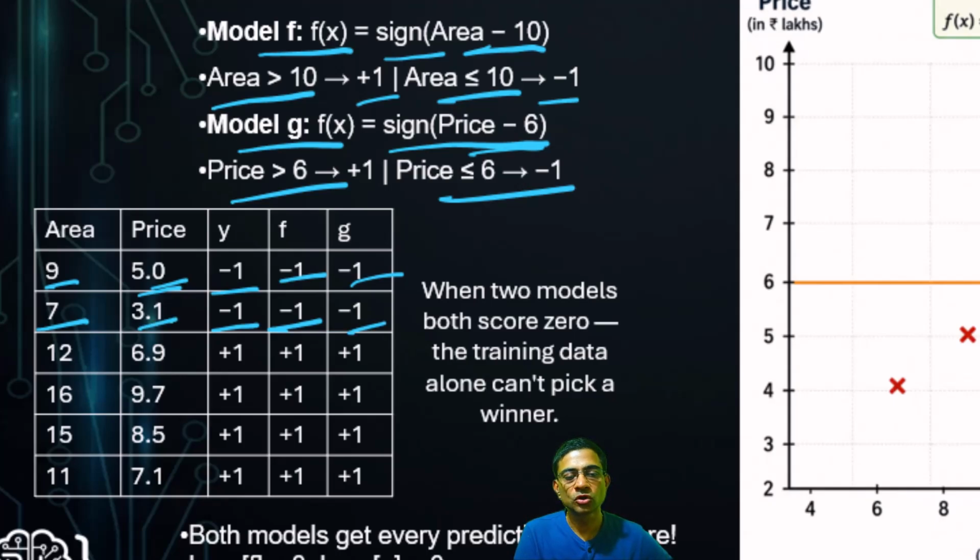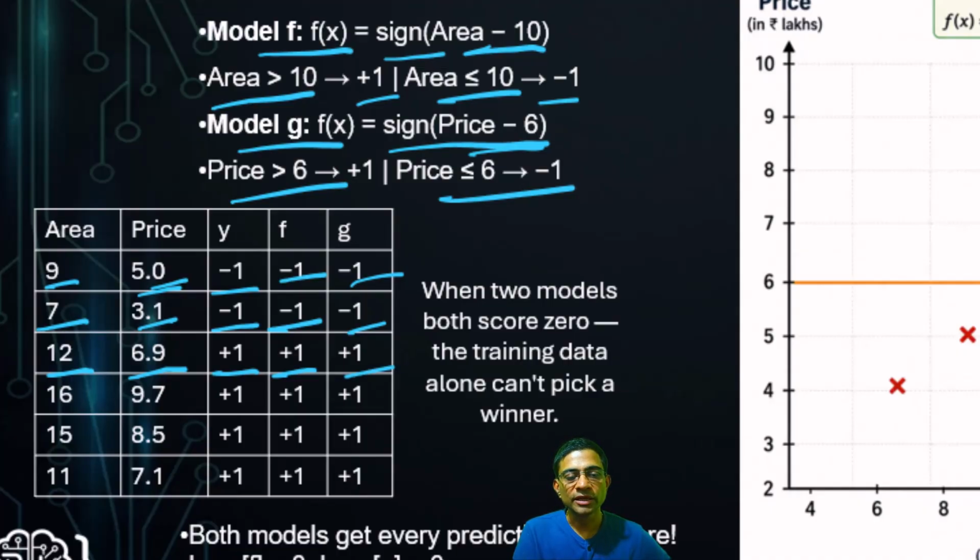Third one, 12 is more than 10. So model F will give it as plus 1, right? So if you see plus 1, the actual label was also plus 1. And the price was 6.9. And as per model G, if price is more than 6, that means it has to give plus 1.